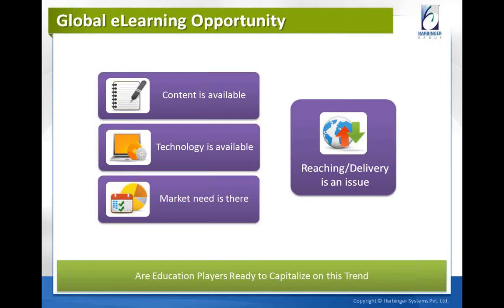But as first-hand knowledge, I can tell you this: Harbinger is working with several large educational publishers, and we are speaking with many of them. On the technology side, we have worked with small to large organizations, and we have been providing services to the world's best product companies. In fact, we have worked with the top 6 LMS companies in the US for providing product development services. So we understand at what rate this is developing. And the third factor, the market, we have already seen in the previous slide.